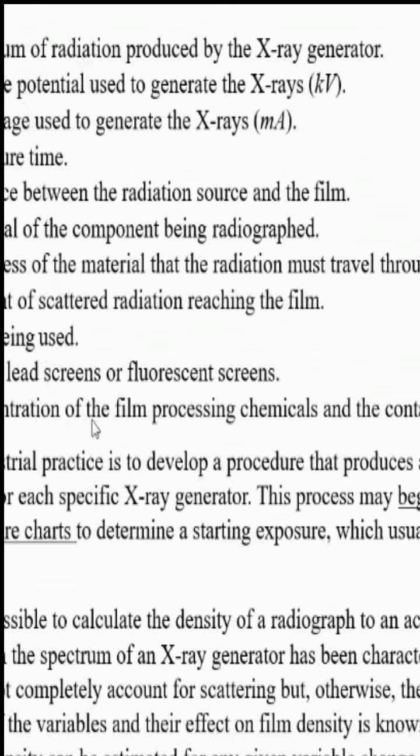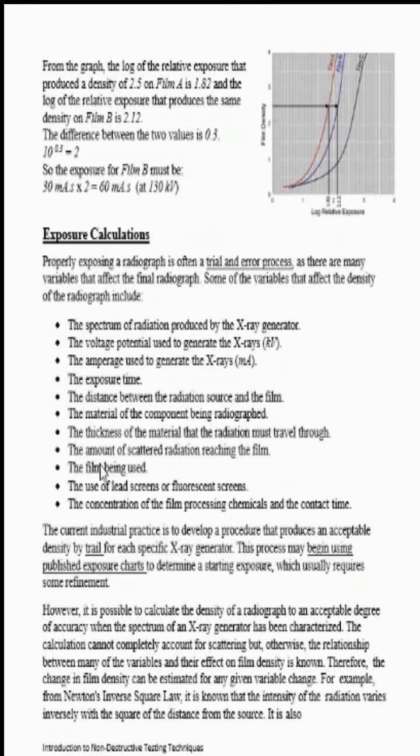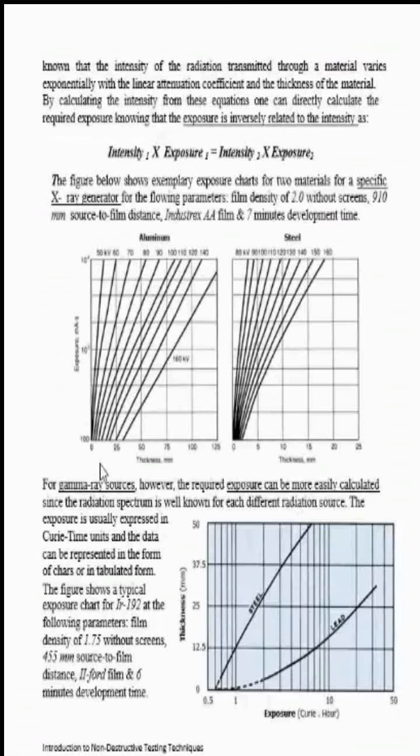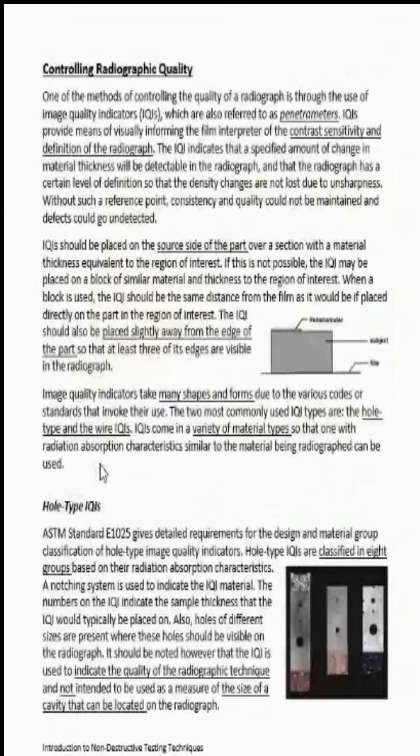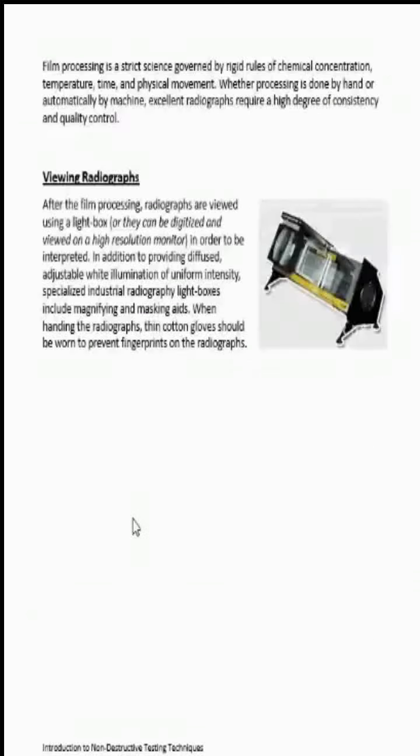So how do we ascertain that whatever we are seeing is of good quality or bad quality, and what is the quality of the radiograph and the defect that is being observed on the radiograph? So now we will go to this part, IQI, in the next part, and viewing radiograph.